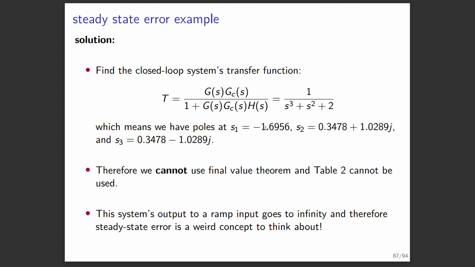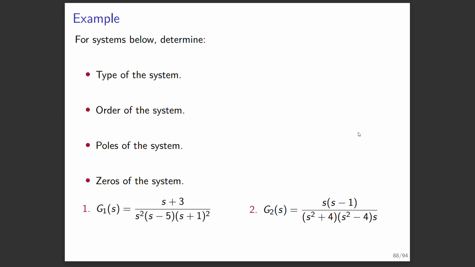So we are going to have poles at negative 1.6 and 0.3 plus minus 1.02. So we can't use the final value theorem. So table 2 is not going to be useful anymore. And this system's output to a ramp input is going to go to infinity because we have 2 poles on the right hand side, which means we have an unstable system.